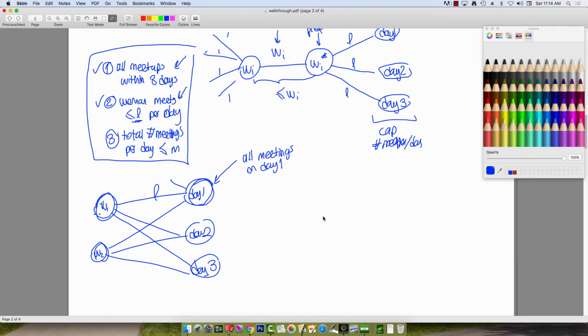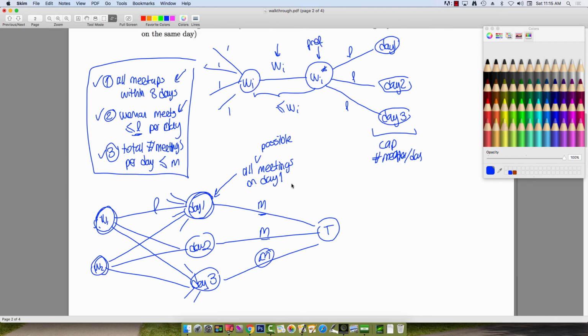And so what we'll do to make sure that the total number of meetings per day isn't more than M is that, regardless of how many meetings want to happen on day 1, we're going to cap it with M, and we're going to do that for day 2 and day 3 too. So the number of total meetings per day is always going to be less than M, because we made sure that no matter how many possible meetings each day might have, they're only going to be capped by M.